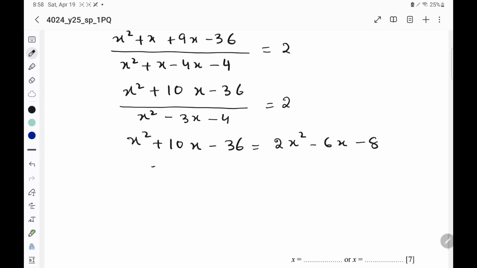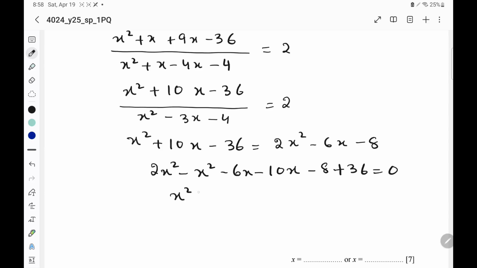So I'm just keeping over there to make x square positive. 2x square minus x square, then minus 6x minus 10x, then it will become minus 8 plus 36 equals to 0.